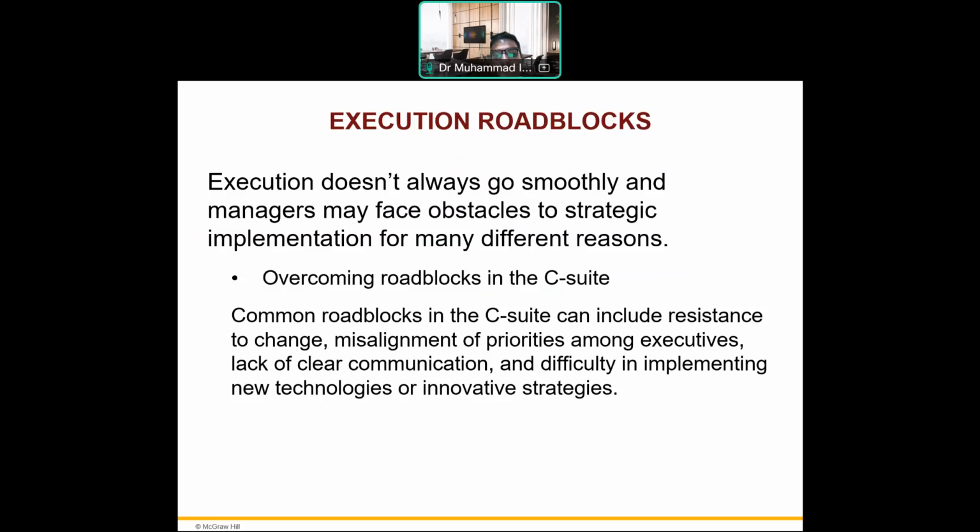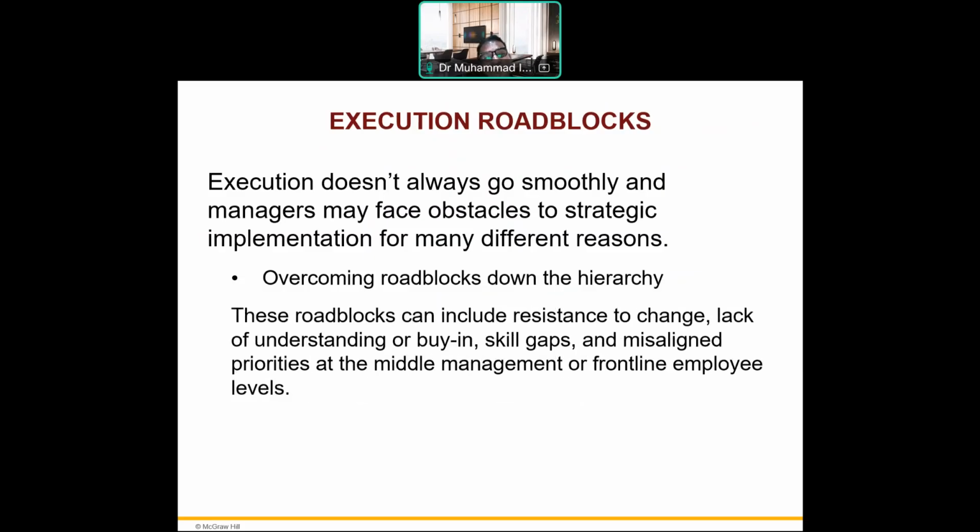So this is overcoming roadblocks in the C-suite. The second one is overcoming roadblocks down the hierarchy. These roadblocks can include resistance to change, lack of understanding and buy-in, skill gaps, and misaligned priorities at the middle management or frontline employee level. I mean, from top to low level, they have different approaches, and their skill level and understanding level are different.